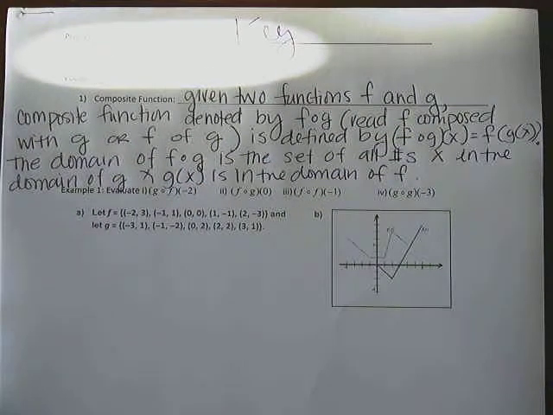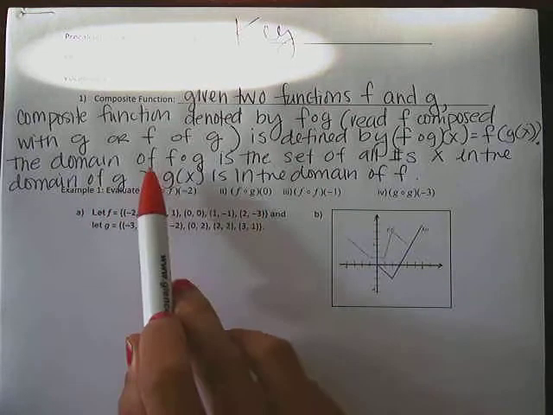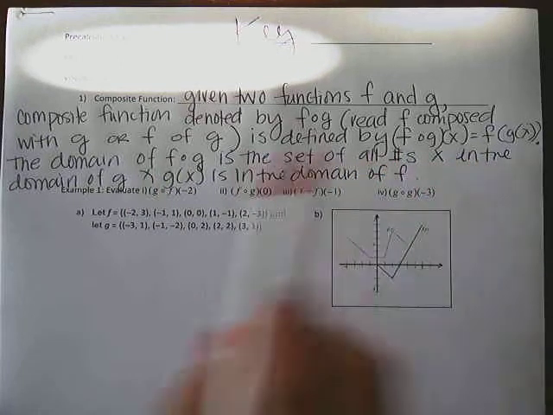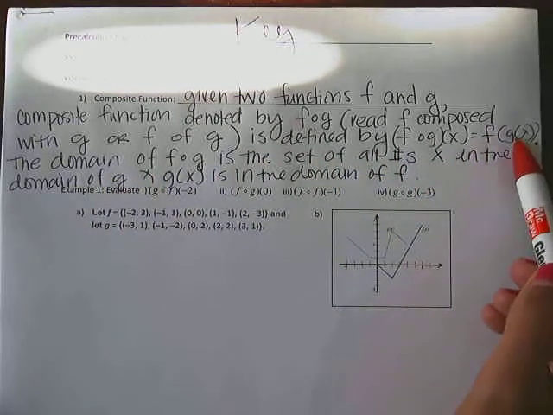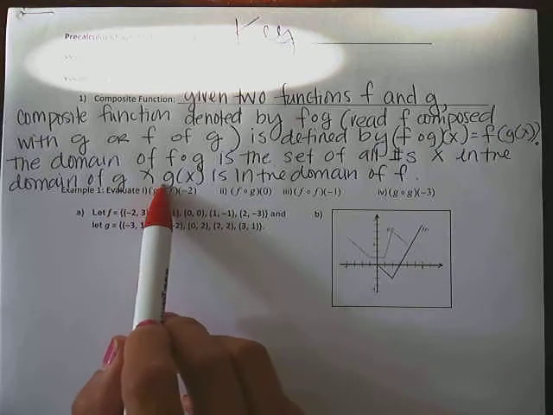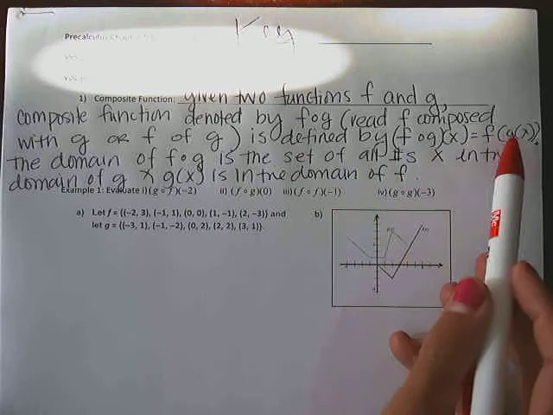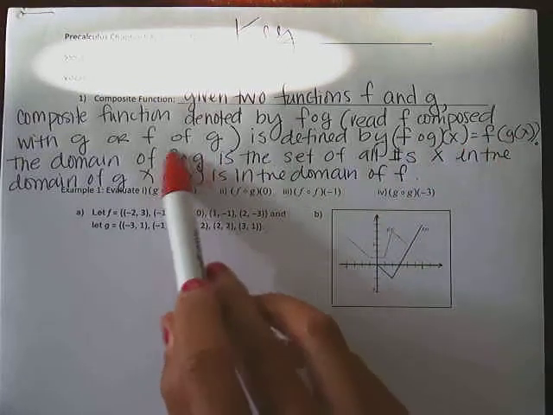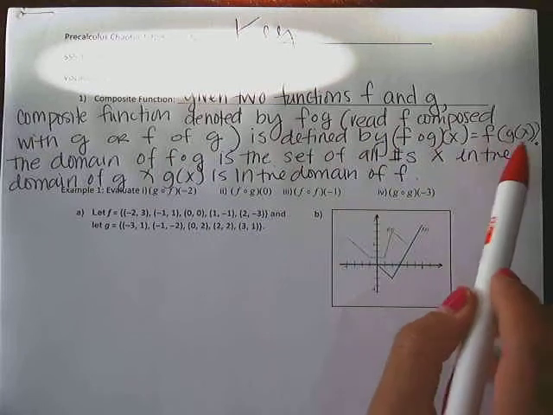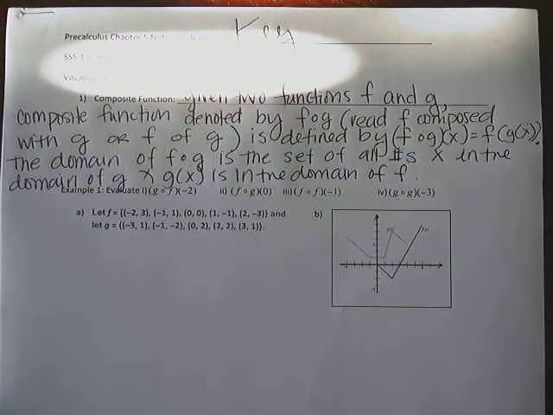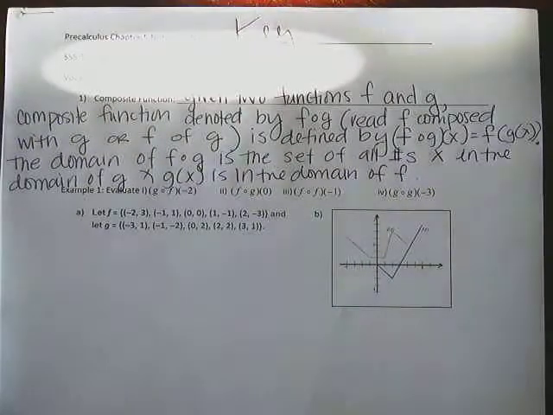That sounds really confusing. Whatever the domain of g is, the outputs must now be in the domain of f. So for the domain of the entire composition, you take into account g of x and then f as well. We're going to do a couple examples later of what that really means.